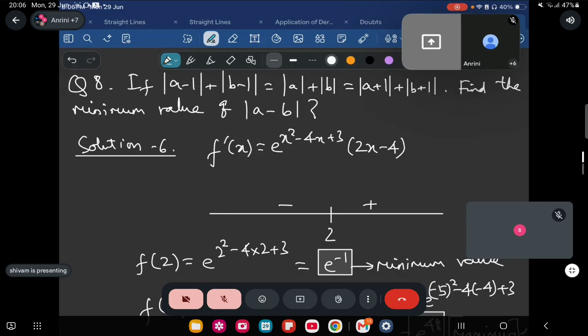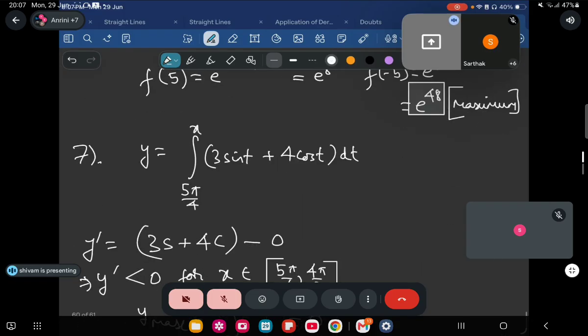Sir, in the seventh question, we do not have to find any critical point. No, you just have to use a function. See, it is looking like a function. Similar kind of function is there. Like in the last question we solved, we do not have to find any critical point.